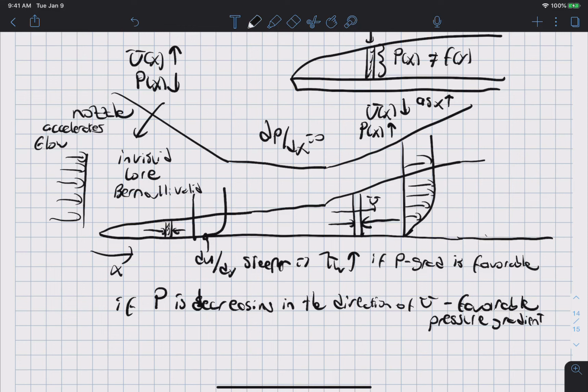What happens is that eventually the pressure forces push so hard on the slow-moving fluid at the bottom of the boundary layer that they basically stop it. And the velocity profile starts to look like this.